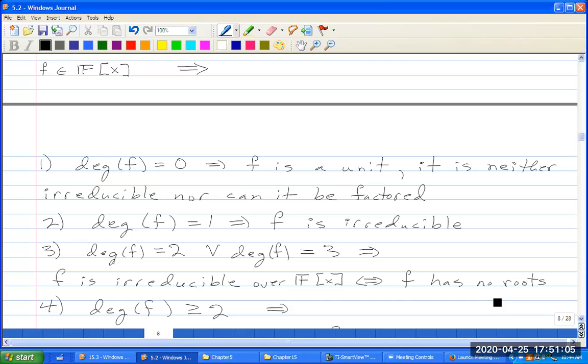And so in degree 2 and 3, irreducibility is the same as factoring, and irreducibility is the same as looking at roots of your polynomial. So factoring and finding roots of your polynomial are the same if you're looking at degree 2 and 3, but not in general.